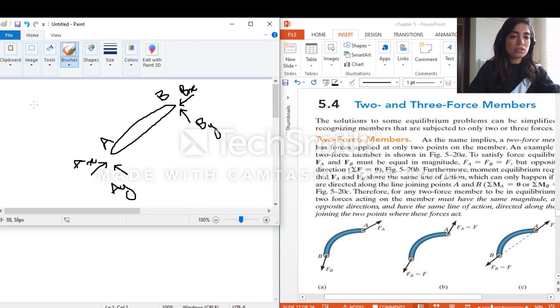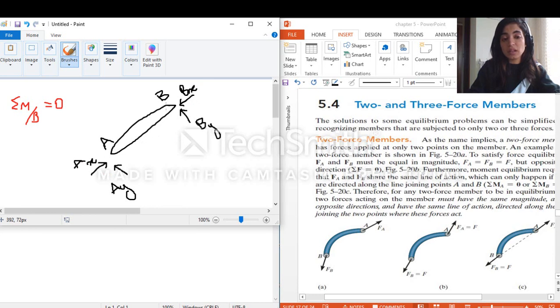Let's do it. I will start with the sum of moments around B. So the sum of moments around B will give me what? I know that the sum of moments around B should be equal to 0 because this is the equilibrium equation. What are the forces passing through B in order to cancel out their moment? I have BX, BY, and AX.